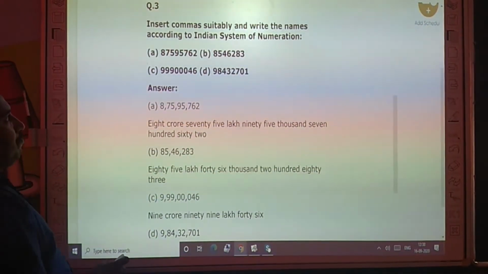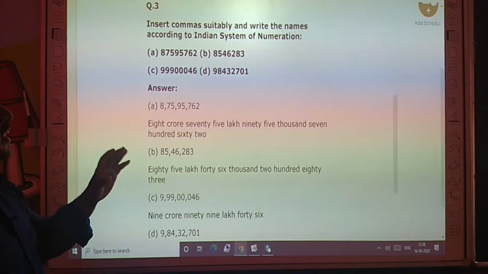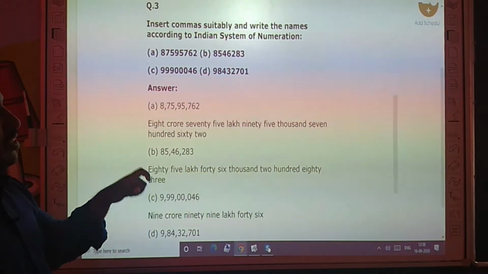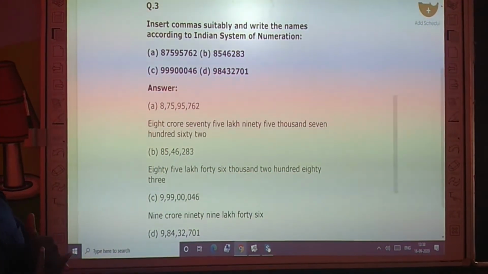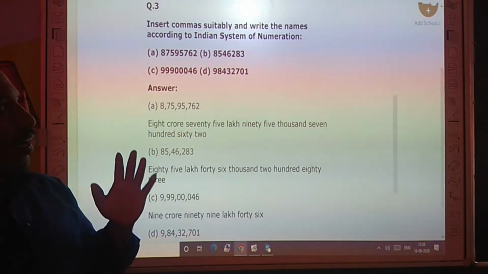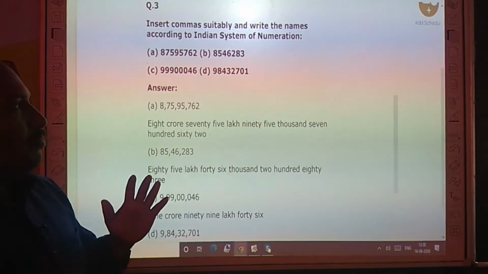Then question number 3, insert commas suitably and write the names according to the Indian system of numeration. First we put the commas and then write the names, which depend on the Indian system.